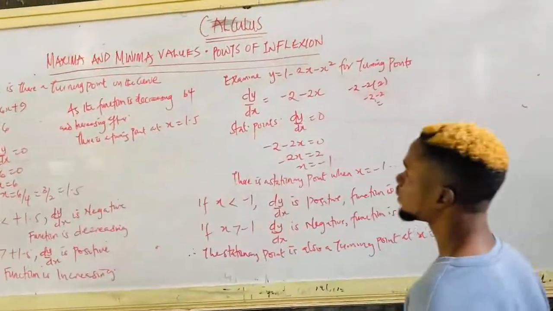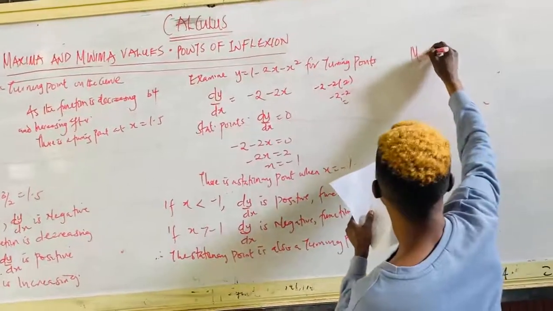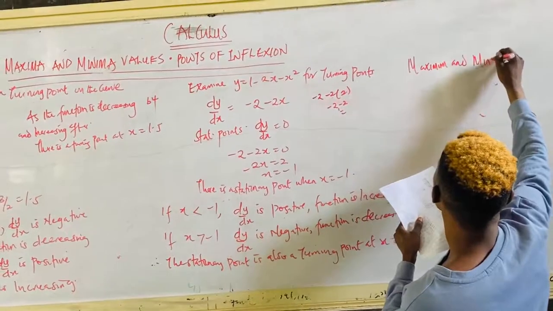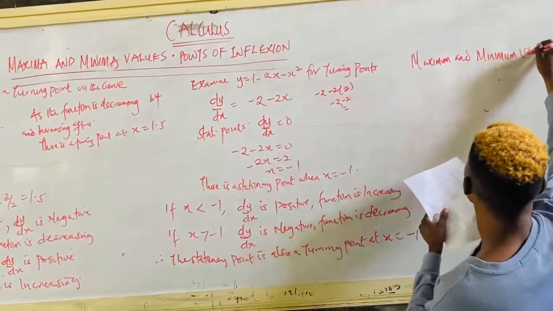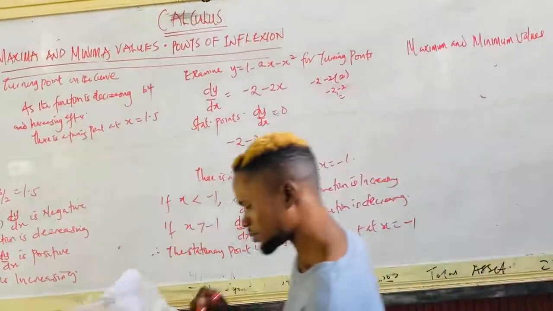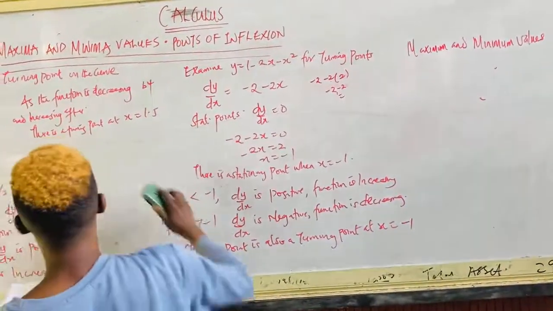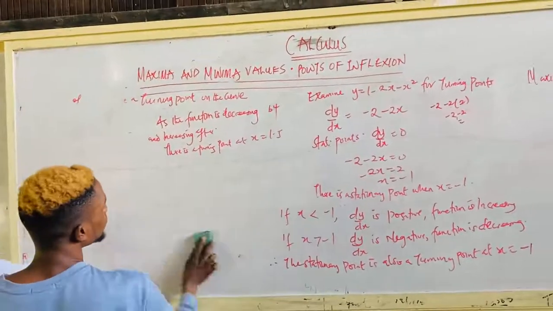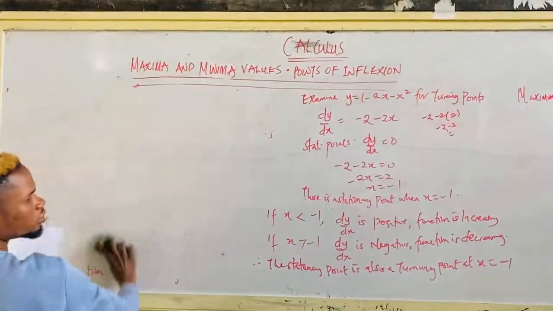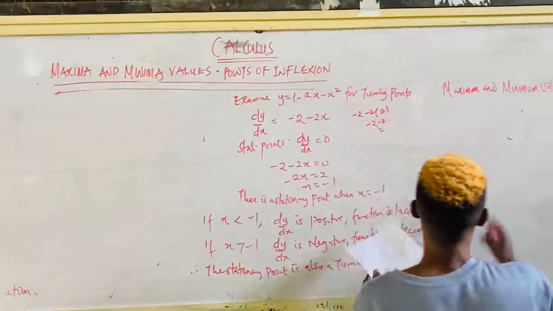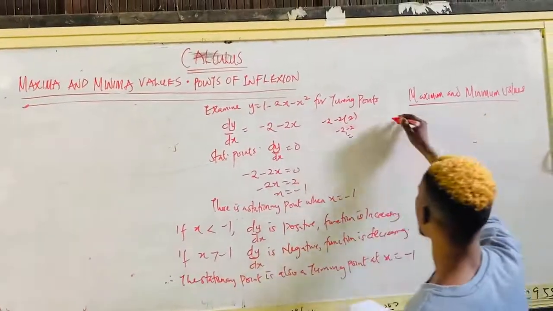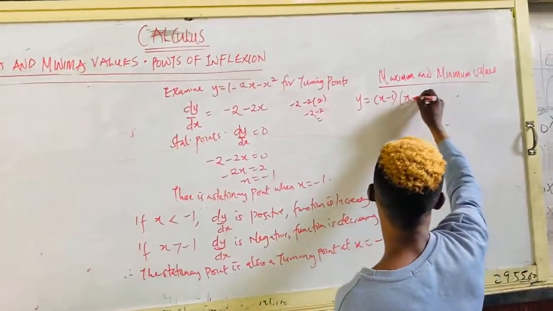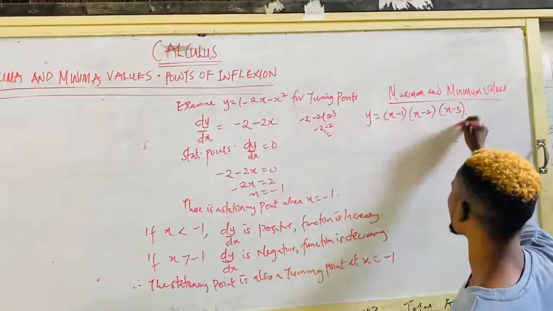Now the next thing here is the maximum and minimum values. Now let's consider this curve: y is equal to (x minus 1)(x minus 2)(x minus 3).